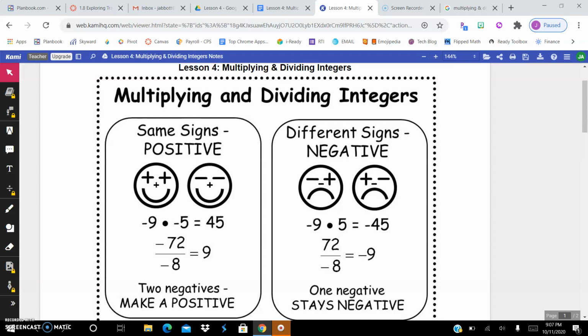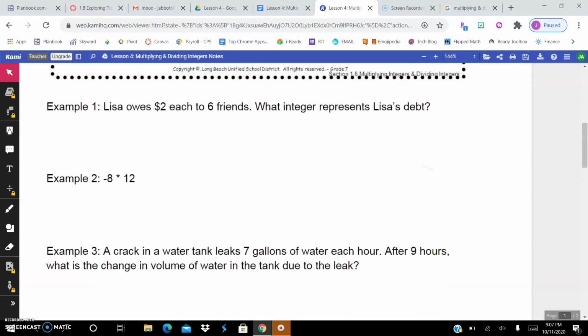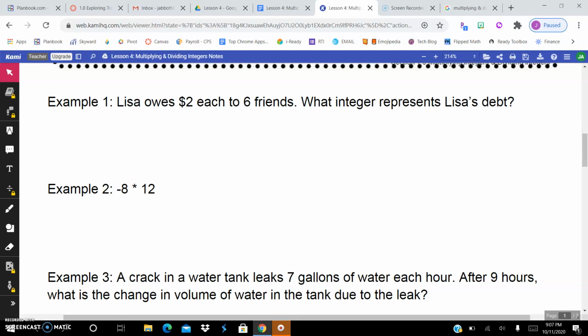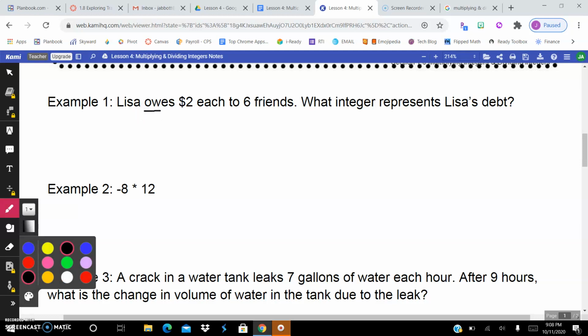That's simple. So for example one, Lisa owes $2 each to 6 friends. What integer represents Lisa's debt? Well, the first key word we need to pay attention to is owes. If I owe, that means I am in negative. So negative $2 each to 6 friends.